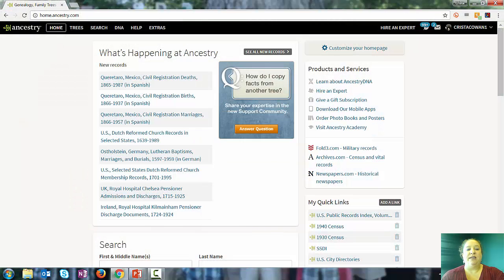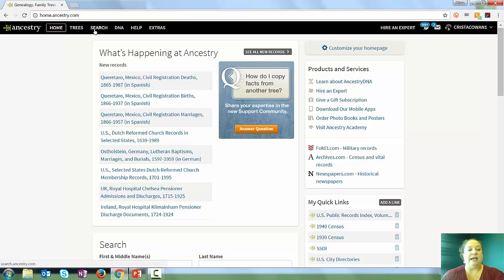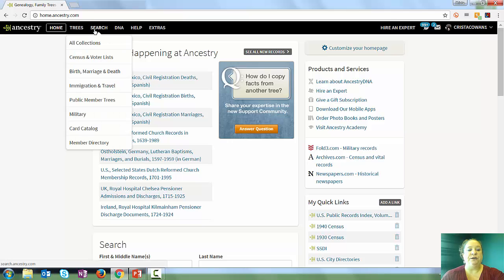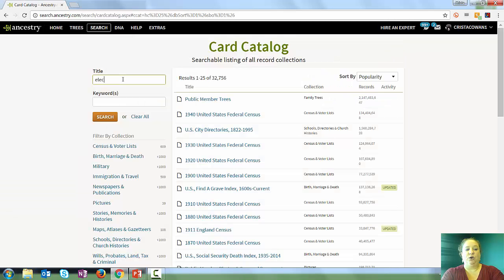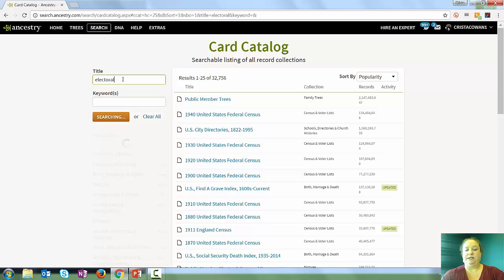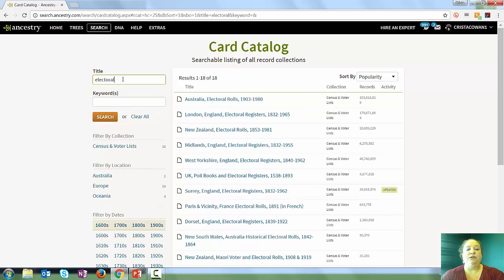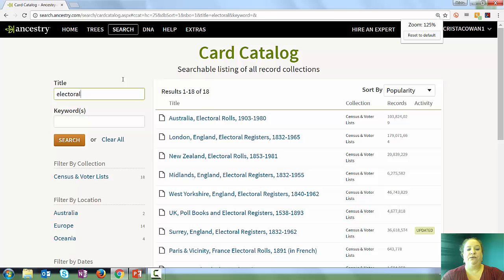So let me just show you what that looks like. Here on the site, if you click on search and then scroll down and click on card catalog. When the card catalog comes up, in the title field again, you just type in the word electoral, and you'll notice here that most of the records that come up are going to be for outside of the United States.